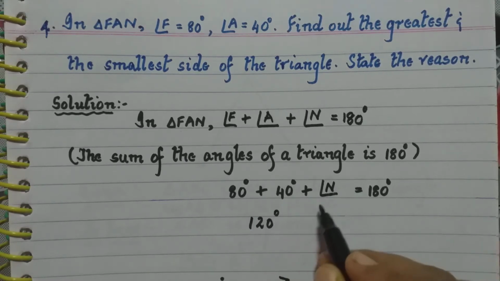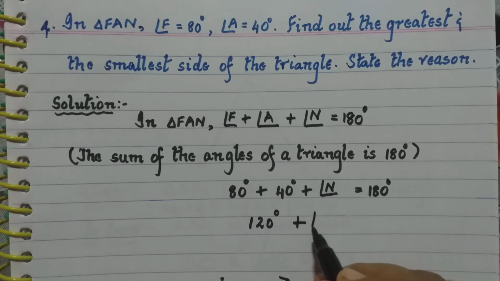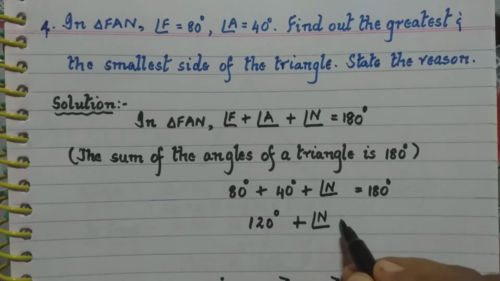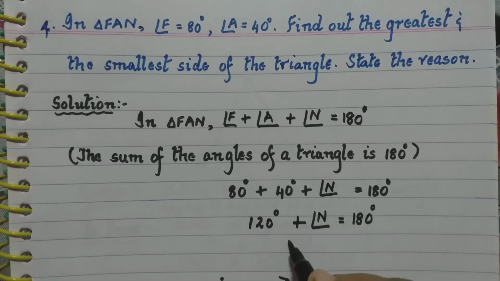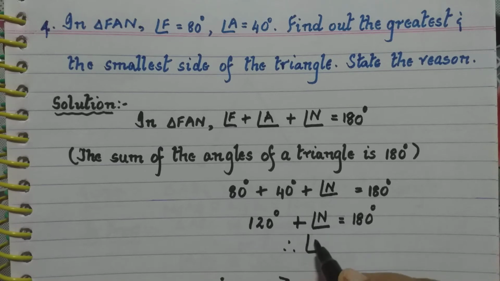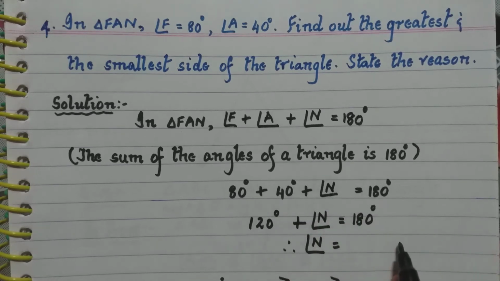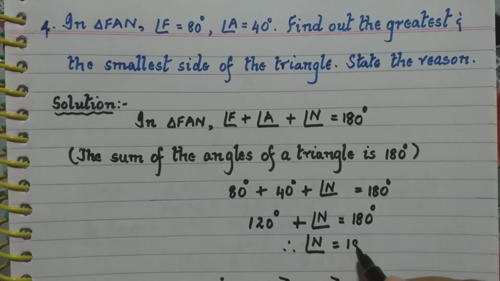So 120 degrees plus angle N is equal to 180 degrees. Therefore, angle N is equal to 180 degrees minus 120 degrees.